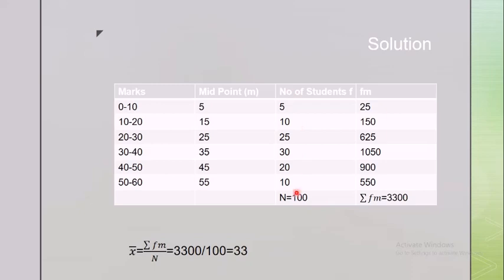The number of students is given, denoted by f. Now you multiply the second and the third column, fm, so you get some numbers over here. You add these numbers, you get summation fm, and that is 3300 in this case, divided by 100. Okay, so that is the total number. You will get the answer as 33.